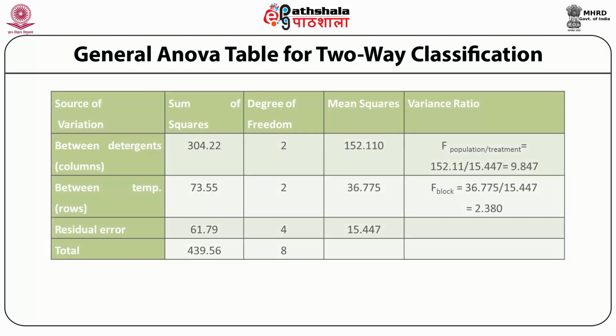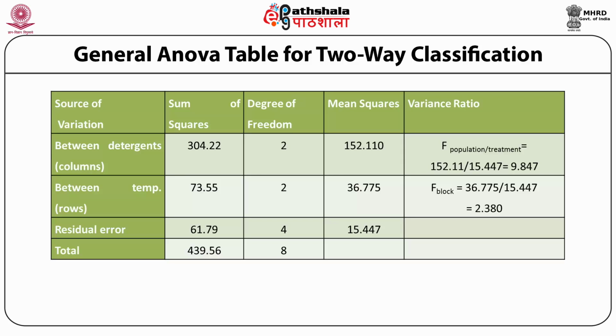15.447. Now let's compute variation or the variance between detergents. So its sum of square is 304.22, degrees of freedom is 2, and the mean square is equal to 152.110, and the variance ratio, that is the F ratio, is equal to 152.11 upon 15.447, and the 15.447 is the mean square of the error.